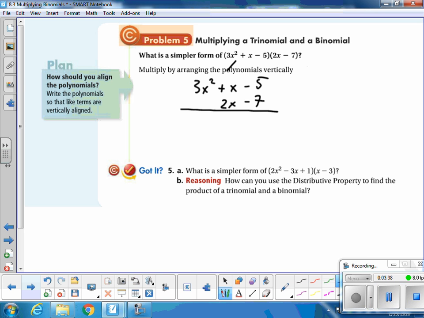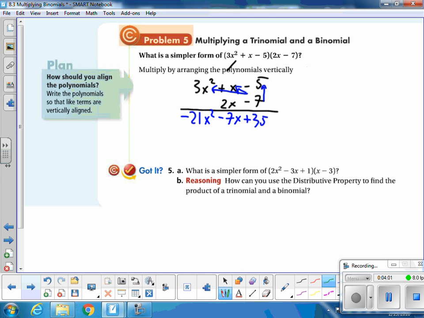I would take my negative 7 times my negative 5, and I get 35. I take my negative 7 times x, and I get negative 7x. And I take my negative 7 times 3x squared, and I get negative 21x squared. I want to get a plus in here.